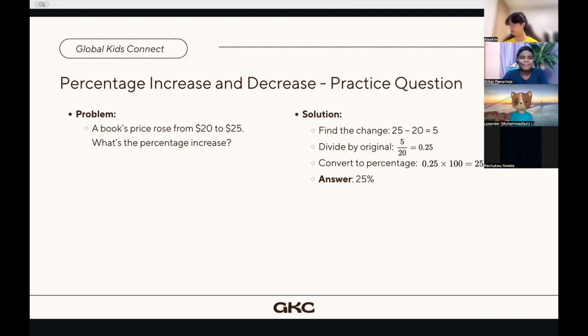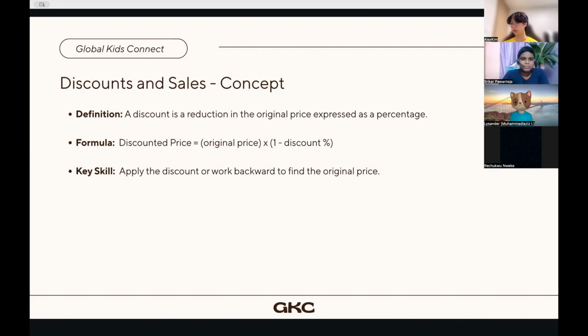So the fourth concept of today is discounts and sales. A discount is a reduction in the original price expressed as a percentage. Similar to our previous concepts, but slightly different in that most questions that talk about discounts and sales usually give the percentage of the discount.